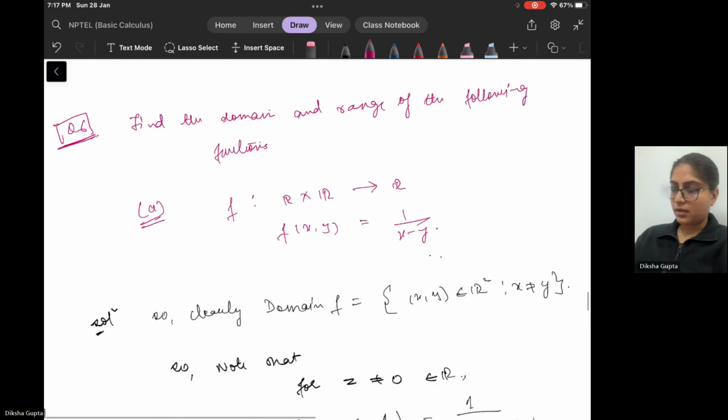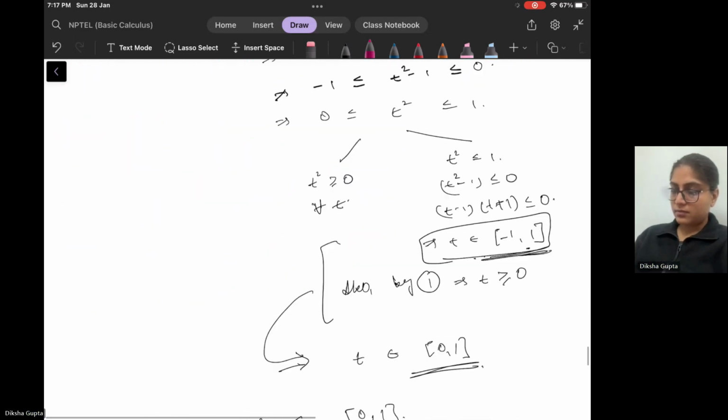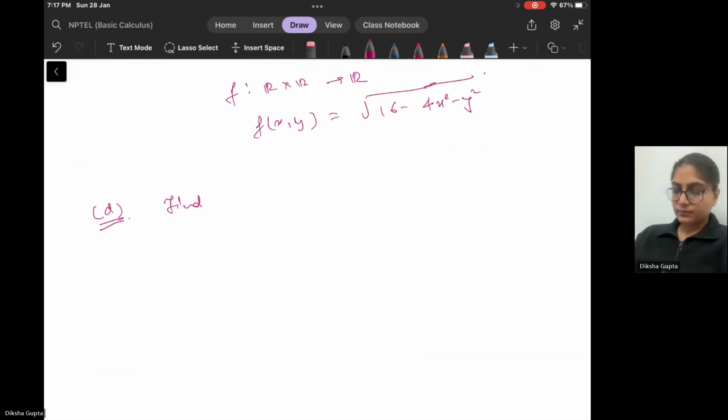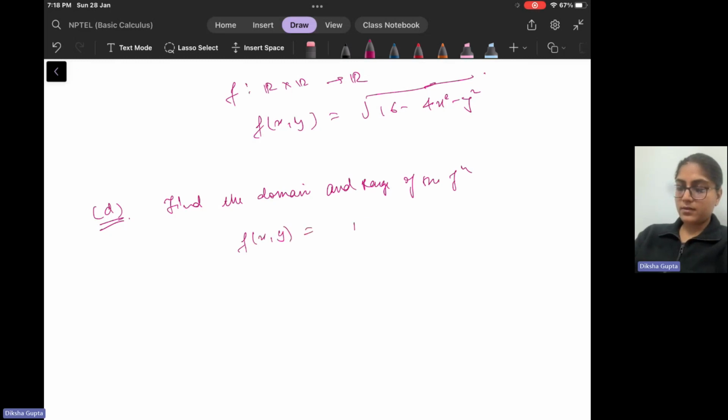B. Again, find the domain and range of the function f(x, y) equals (4 minus x square) upon (y square plus 3).